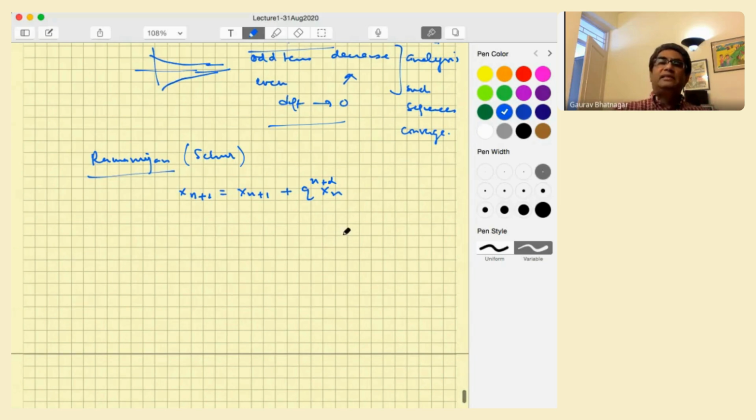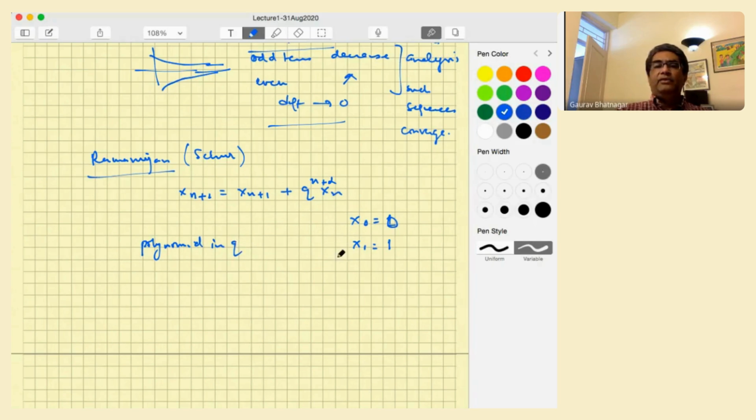They looked at this thing, and now let's say x0 is equal to 0 and x1 is equal to something like this, and now you get a polynomial in q.